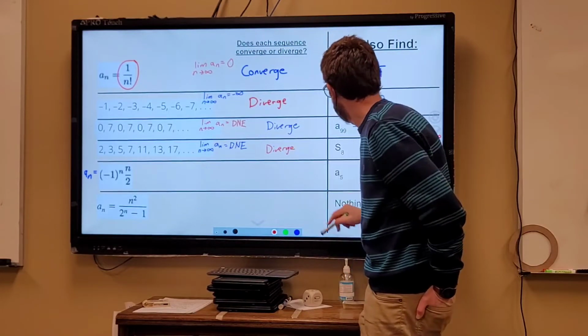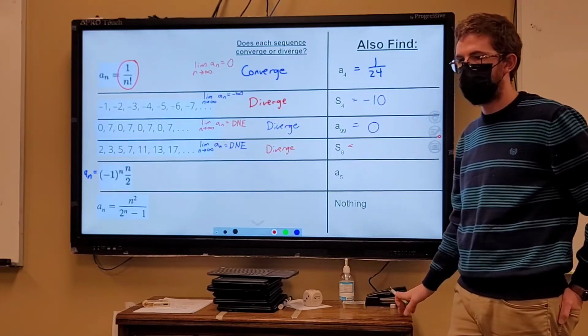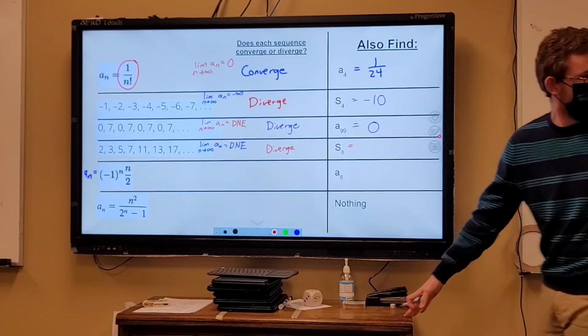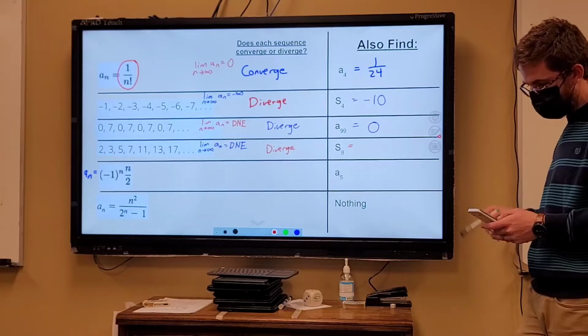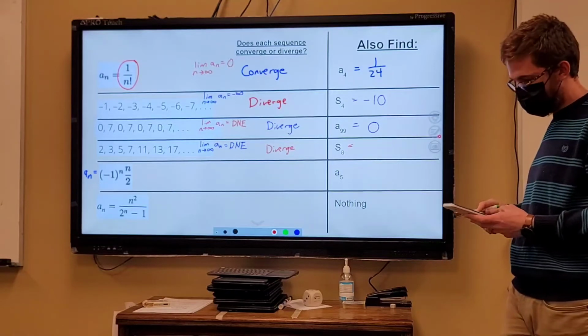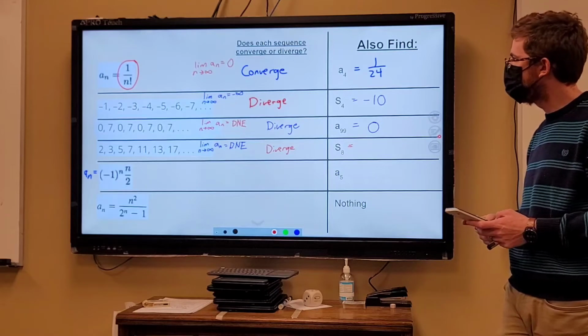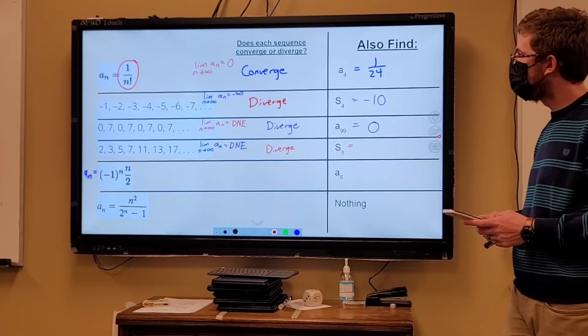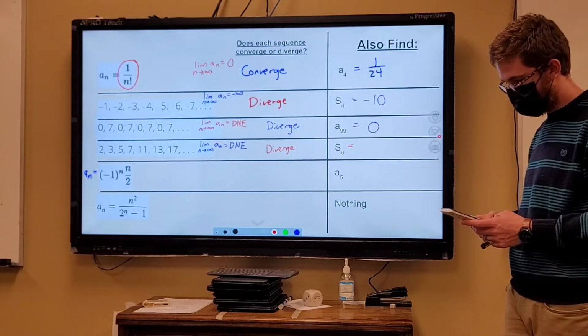Because if you plug in anything, it'll give you that number, then on the bottom it'll give you a bigger number. It's gonna be 0.